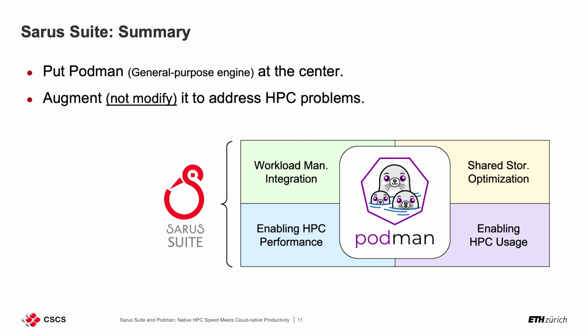But we also want to make it compatible with the HPC system. So for that, we are adding components around Podman, and just remember that we are not modifying Podman, because that way we would detach from the mainline Podman.